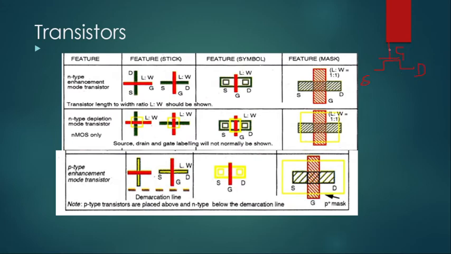You know that gate is made up of polysilicon and source and drain are made up of diffusion. So here gate is made up of polysilicon, that means it will have a red color, and source and drain are made up of diffusion because we are talking about NMOS, so it will be N diffusion.